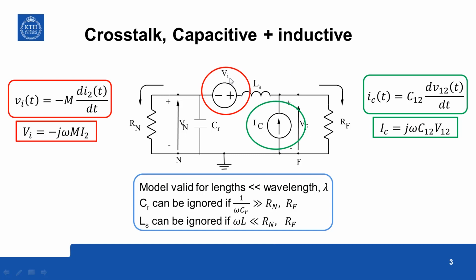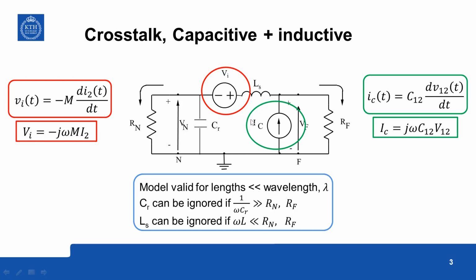The source Vi is given by the mutual inductance between the source circuit and the victim circuit, times di2 by dt, where this current I2 is not the current in this circuit but in the source circuit. So this source is independent of the circuit parameters over here. This is in frequency domain, minus j omega M I2.